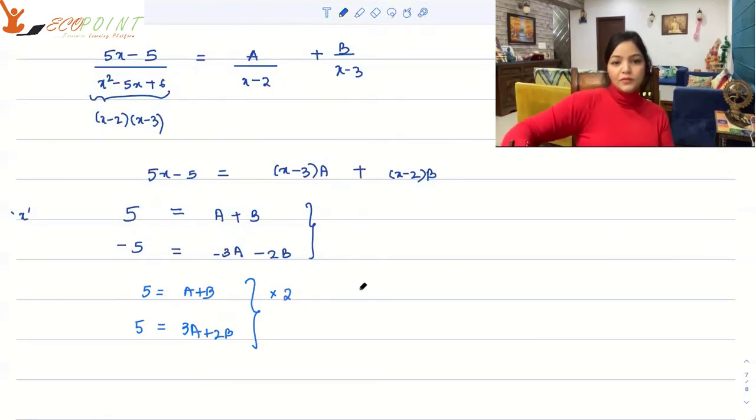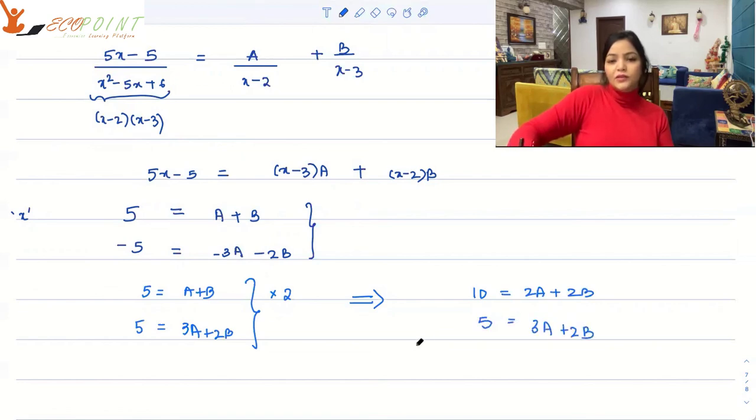This getting multiplied by 2 implies I have 10 equals 2a plus 2b. And here you have 5 equals 3a plus 2b. So subtract and this goes off.